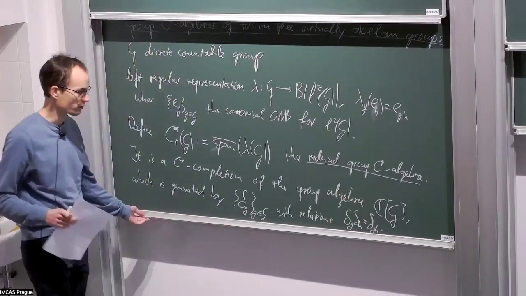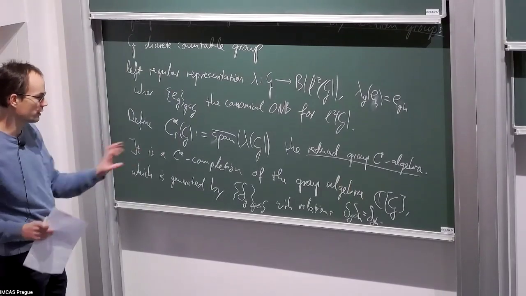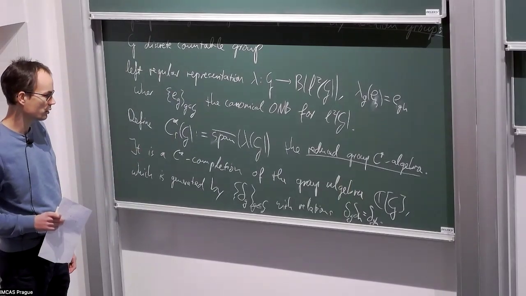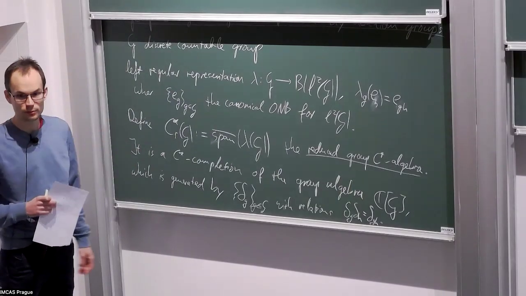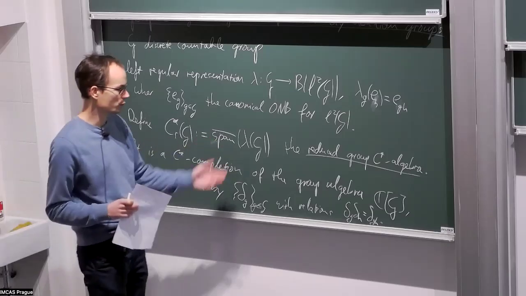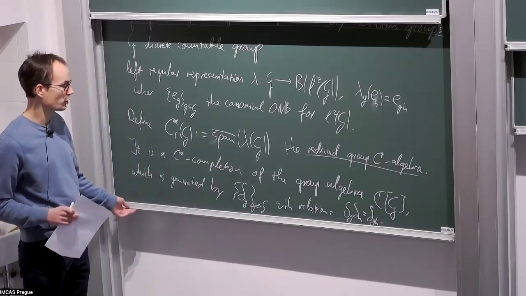You can turn this into a star algebra by defining an involution, then take a C-star completion, and that's exactly what we've done here. So we obtain a C-star algebra.